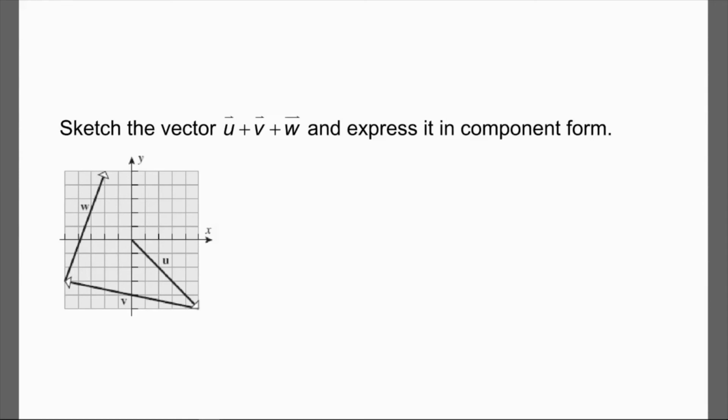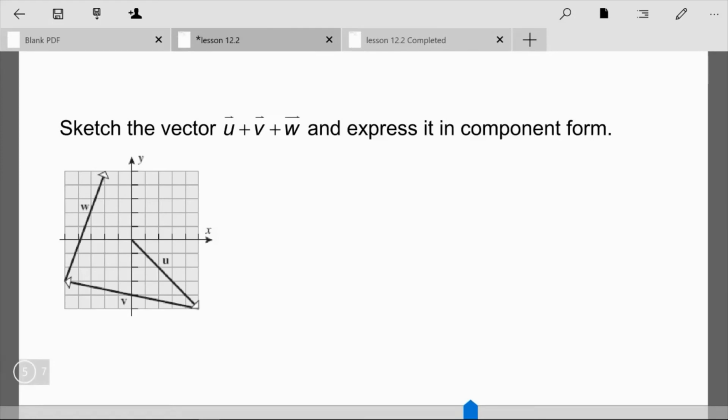So what I want you to do is actually write out what are the vectors u, v, and w, and then find u plus v plus w. If you want to sketch what that vector would look like, you can sketch the vector, but the most important part here is to actually find the individual vectors and then find u plus v plus w. So pause the video, take a minute and solve that, and then when you're done, unpause it and I'll show you the solution.